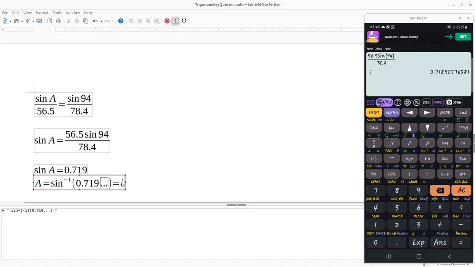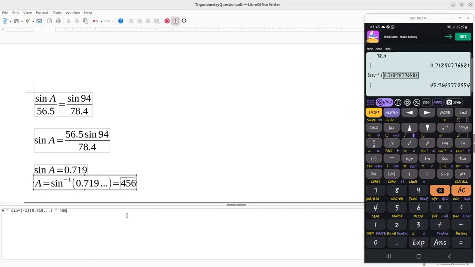You just press the second function or shift sine, and then your answer. This is giving us 45.964.